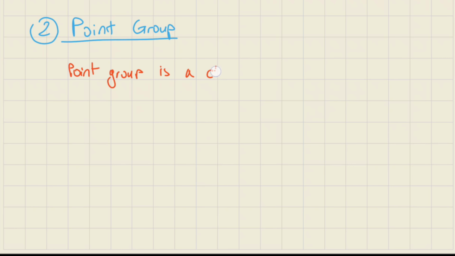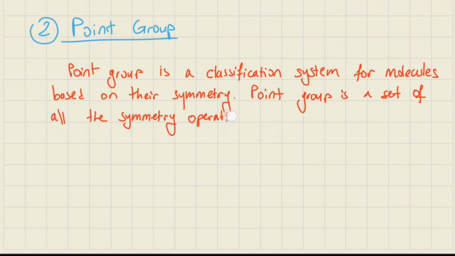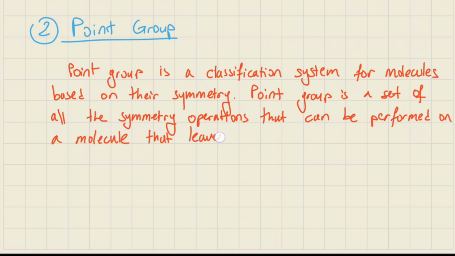In order to understand and use group theory, we need to know what a point group is. A point group is a classification system for molecules based on their symmetry. A point group is a set of all the symmetry operations that can be performed on a molecule that leave at least one point in the molecular space fixed.